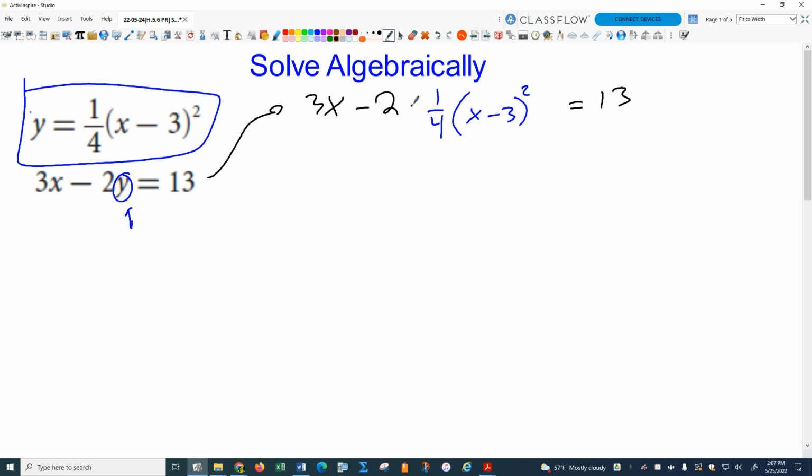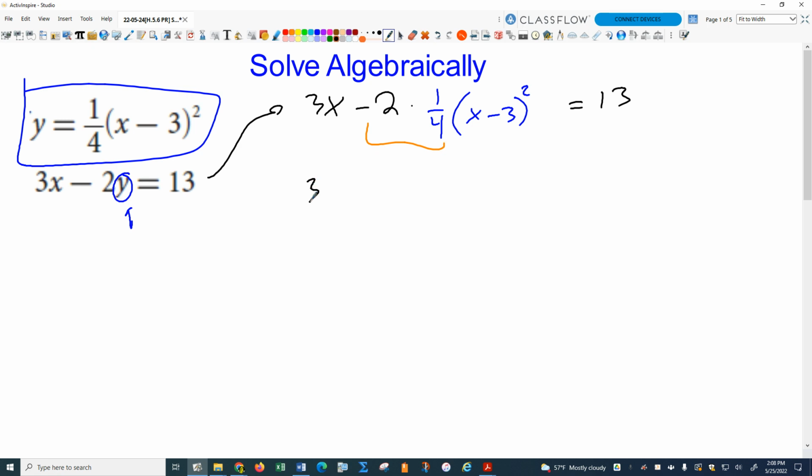So remember also that when we multiply a series of things together, we always multiply in pairs. Well, look here, I'm multiplying negative 2 times 1/4 times this whole quantity squared, right? So I'm going to multiply those things in pairs. Negative 2 times 1/4 is just negative 1/2, right?